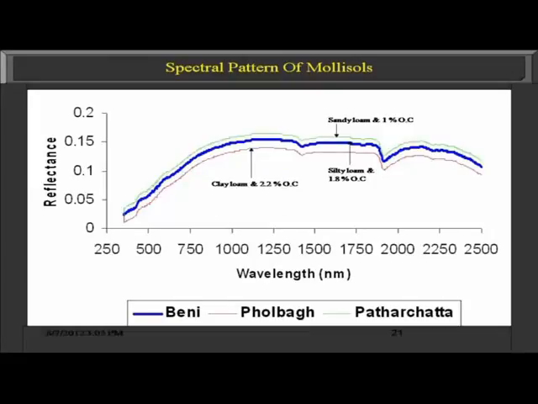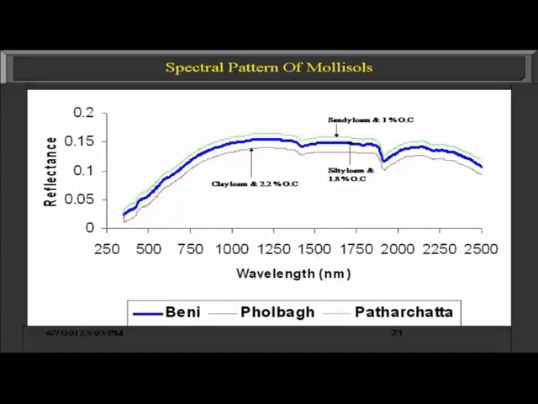These three names are nothing but soil series names, named by local names: Beni, Fulbag and Patrakata. This reflectance curve shows three soils having different organic carbon content. As I told you before, the higher the organic carbon content, the lower the reflectance throughout compared to less organic carbon content.